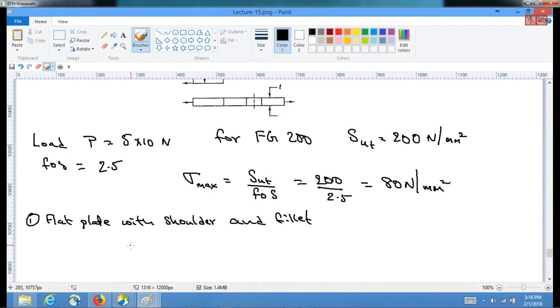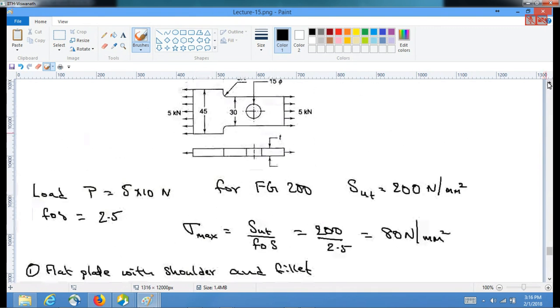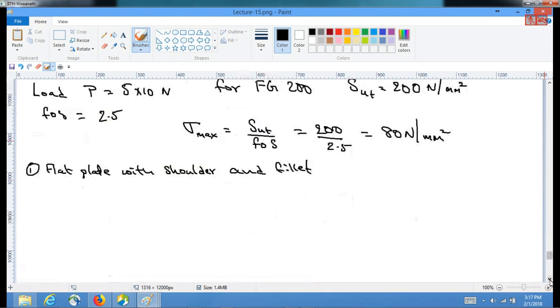So we know that at the shoulder the minimum cross section is 30 and the thickness is T, so it is 5000 divided by 30T.